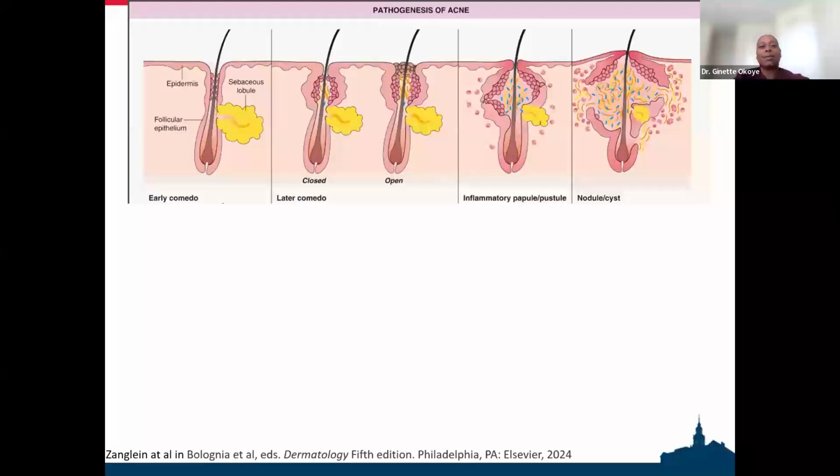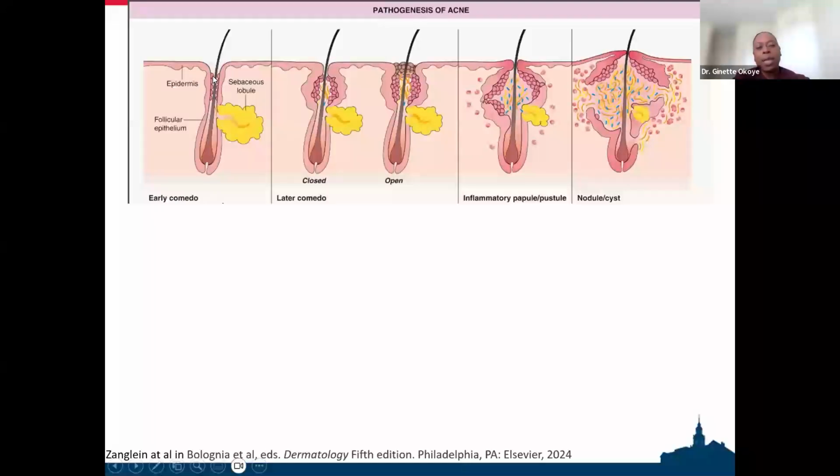So I think this is a really nice cartoon that describes how acne progresses. And so it begins here. On this first diagram, you could see these little bumps blocking the follicular opening, right? So this is a hair follicle. This is a cross-section of the skin. This is the hair. This is the sebaceous gland, where your oil glands, basically.